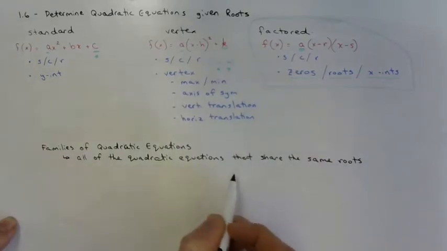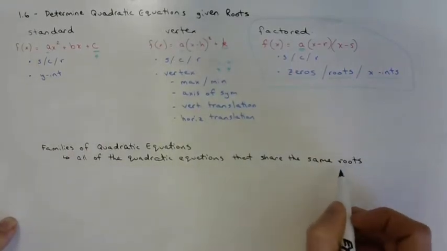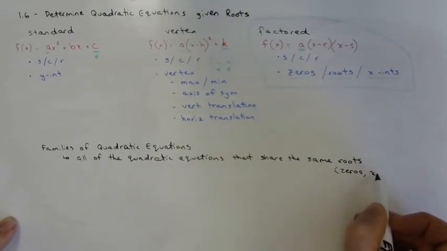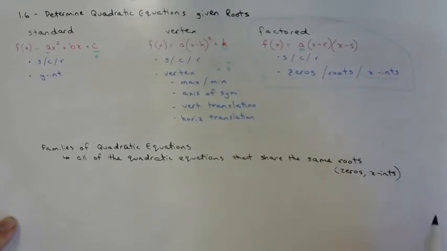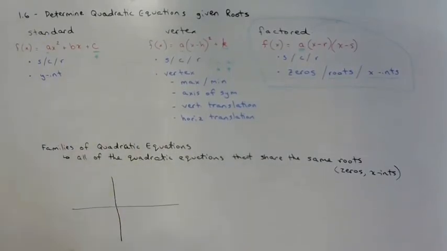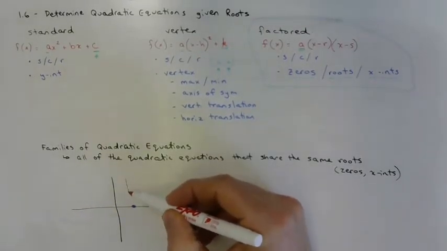Under roots you could put zeros, x-ints. What does that mean? Well, it's all of the quadratic equations that share the same x-intercepts, which means if you know the x-intercepts of an equation, let's say you know the roots, that's here and here, just a random example, you could say that I'm going to draw a handful of equations.